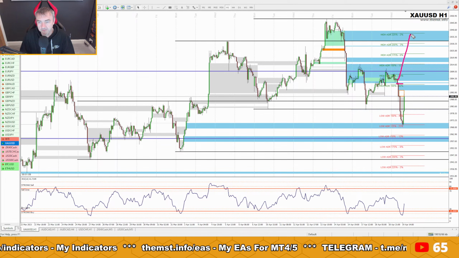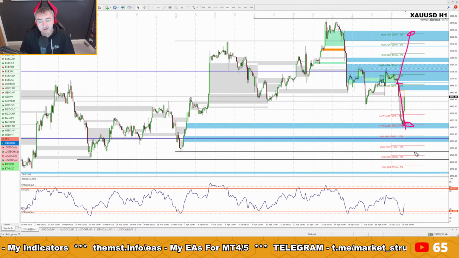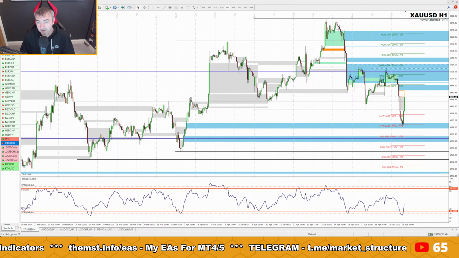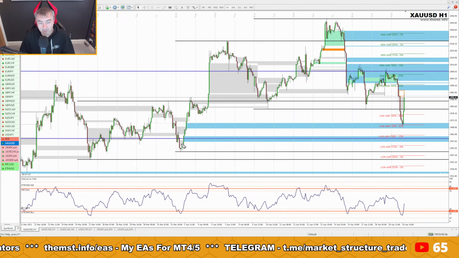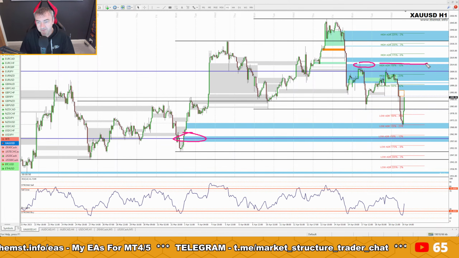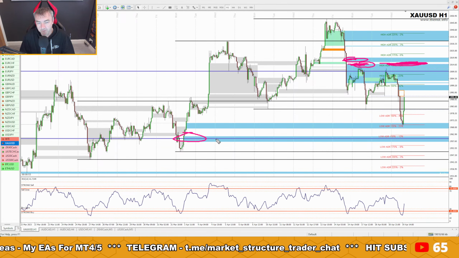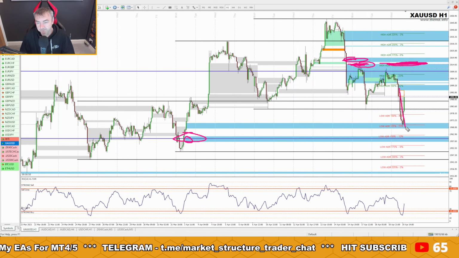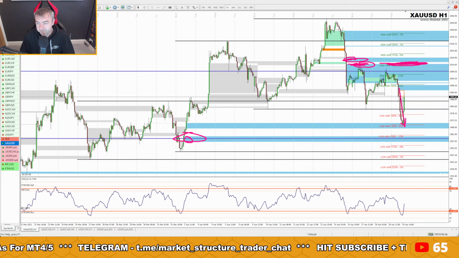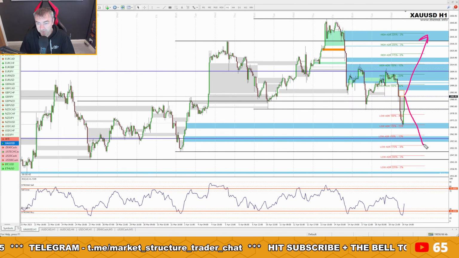I said we're either going to do that or that. I remember I said it's either going to do 150 ADR to the downside or 150 ADR to the upside. Do you remember? Because it's either going to come back up here or it's going to come down here. So we've done 125. So now it's either going to do that or it's going to do that.